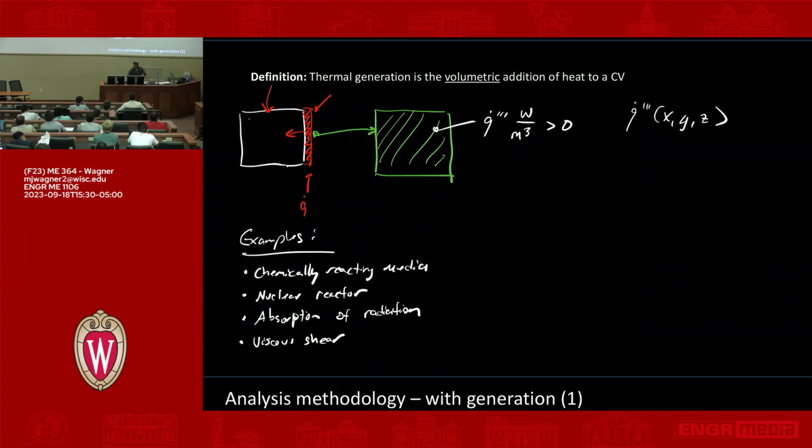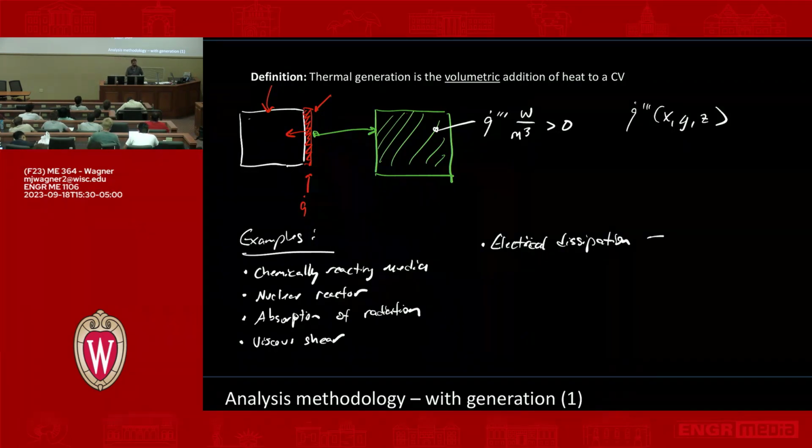Another big one is electrical dissipation. And so that one comes up a lot, right? As mechanical engineers, you're often working with devices, motors and such. And you have to deal with the heat coming off of that. So there's a relationship there you should remember. Let me just write it down.